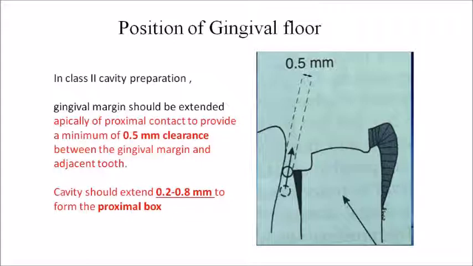Okay, so there should be at least minimum 0.5 mm clearance between the gingival margin and the adjacent tooth. Now, cavity should extend 0.2 to 0.8 mm to form the proximal box. Okay, 0.2 to 0.8 mm should be extended into the proximal box preparation. So, proximal box it is 0.2 to 0.8 mm extension, and gingival clearance, okay, that is 0.5 mm clearance.